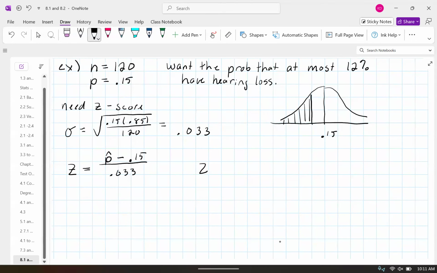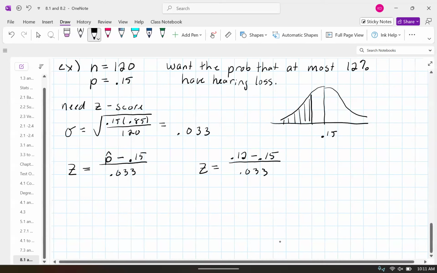Our z-score is going to be 0.12 minus 0.15 all over 0.033. That gives me negative 0.91.